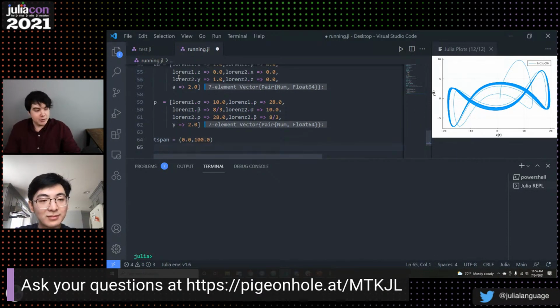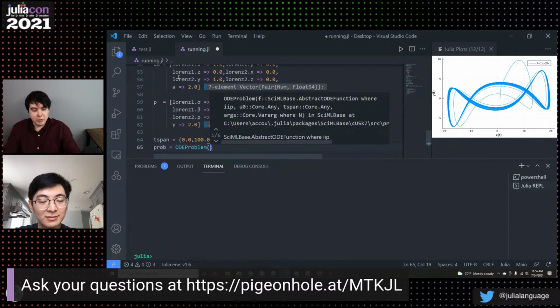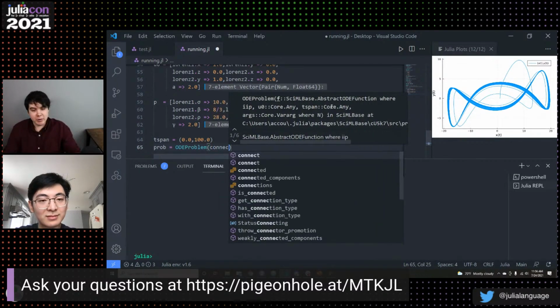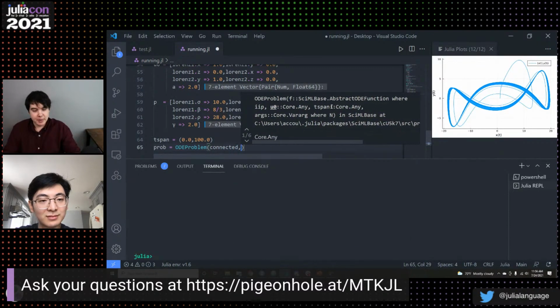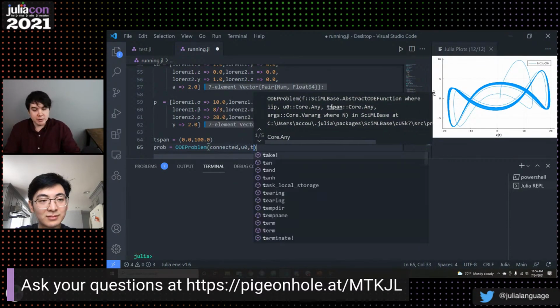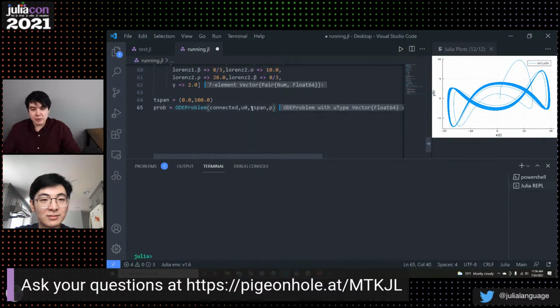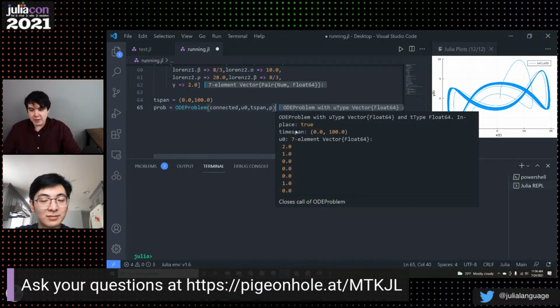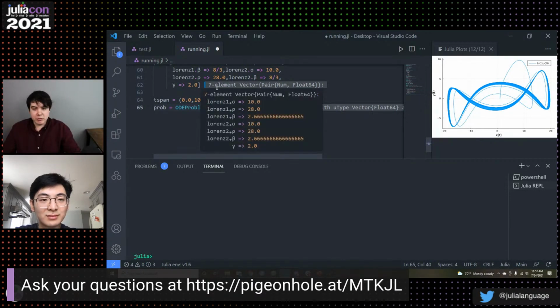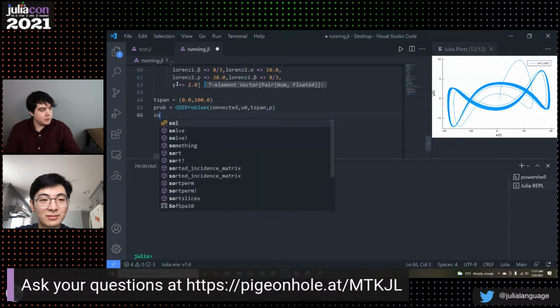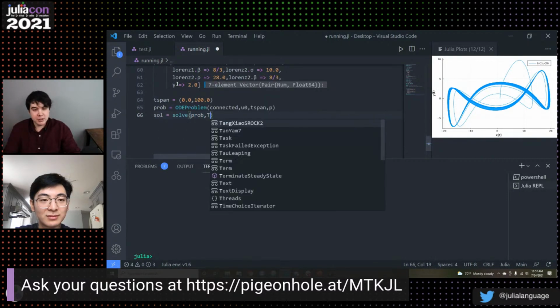Then we translate this from symbolic into numeric by using the ODE problem, where once again, instead of using an ODE function, we just put our symbolic system here, and then we give it our parameter maps for how to transform from symbolic into numeric. And now here we get a numerical system that we can then bring over to differential-equations.jl. So we solve this with differential-equations.jl.